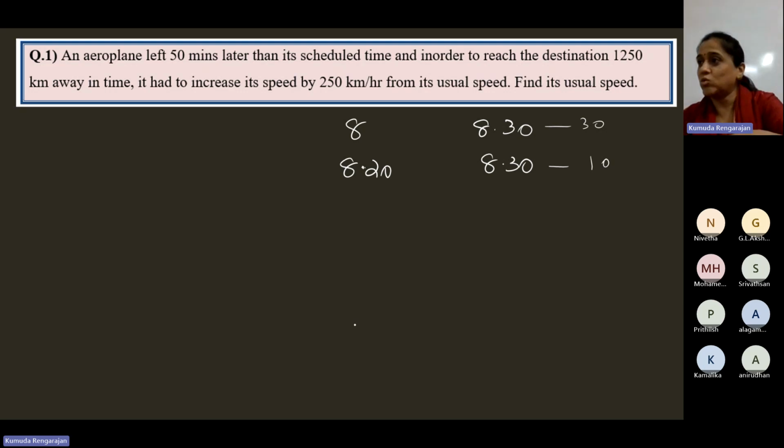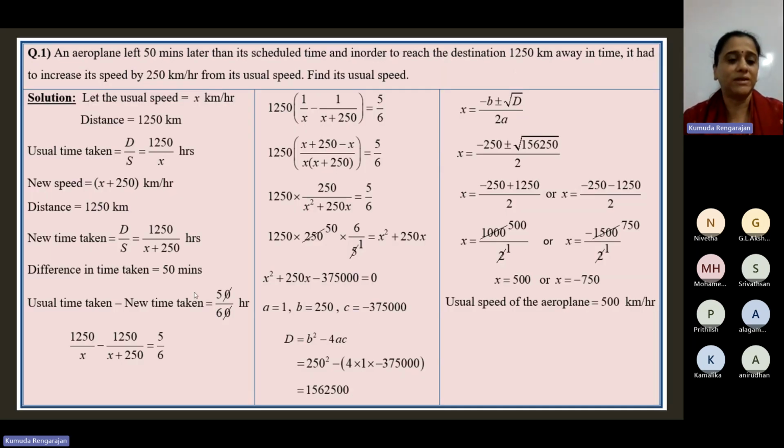Like you left home on this particular day 20 minutes later than the scheduled time, but you still reach school on time. So that means the difference in time taken is 20 minutes here. That's what we've written here. That's the equation in words.